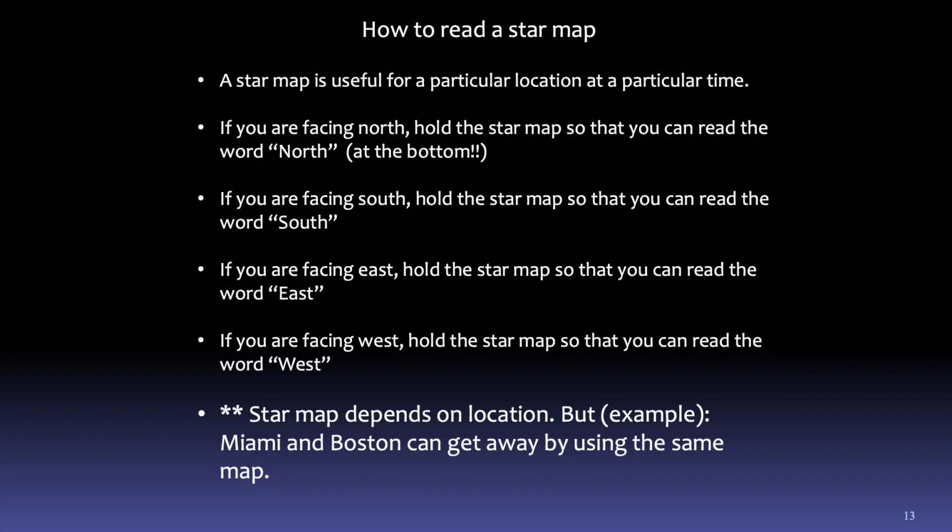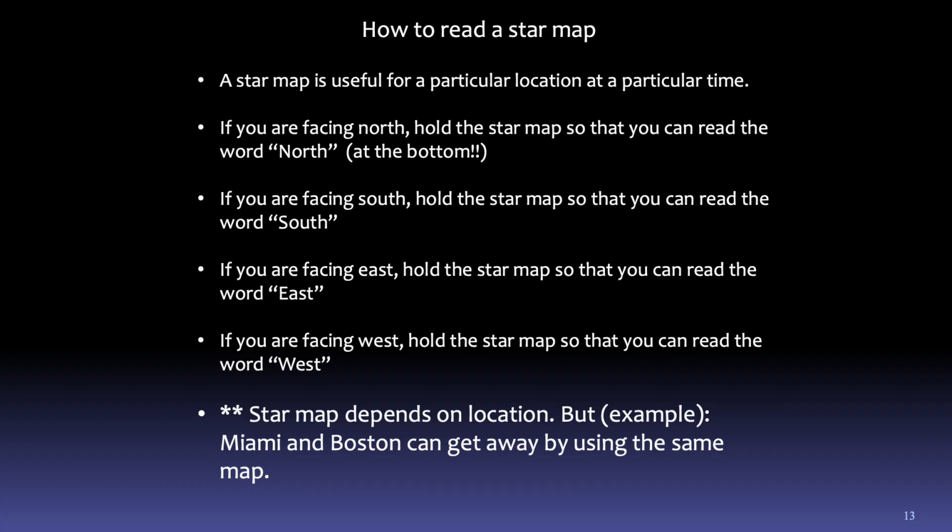Whichever direction you're looking at, make sure that direction on the map is at the bottom, because the bottom of the star map represents the horizon you are actually looking at. It's very straightforward.